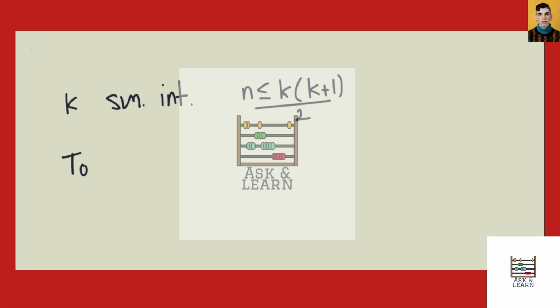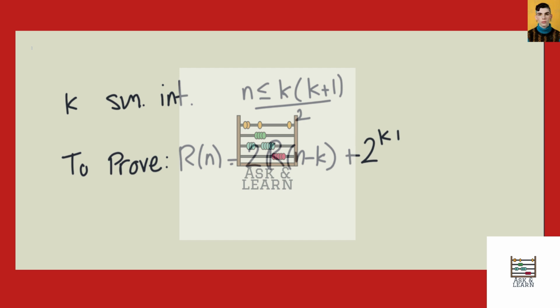And so we want to prove then that R of n, again being the number of moves, is equal to 2 times R of n minus k plus 2 to the k minus 1. And additionally, we want to look at our initial conditions, so that no disks requires no moves, and that having one disk requires one move.